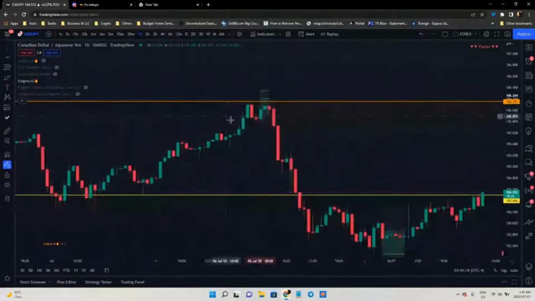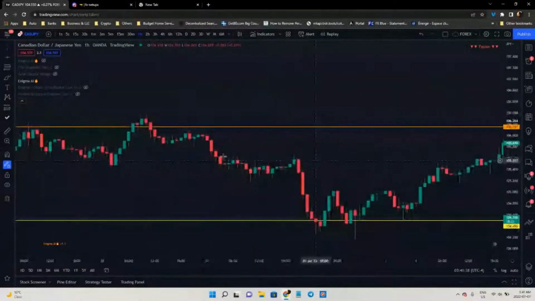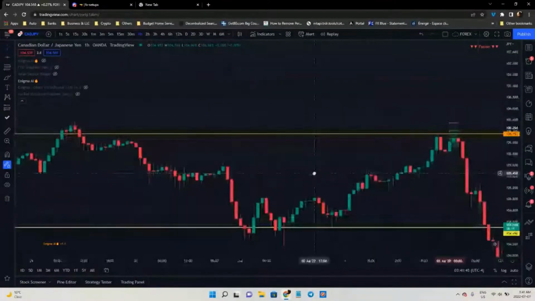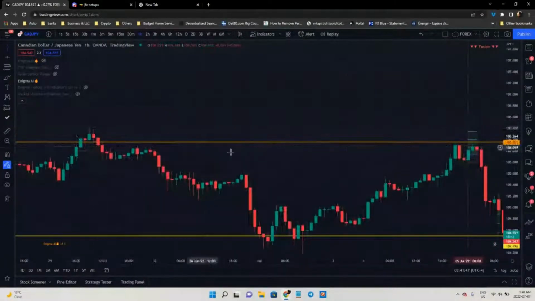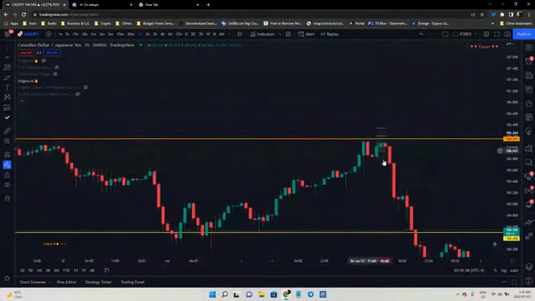Okay, so based on the COT and the structure of the market, I was expecting it to go back to the highest point of CADJPY, but it didn't work.